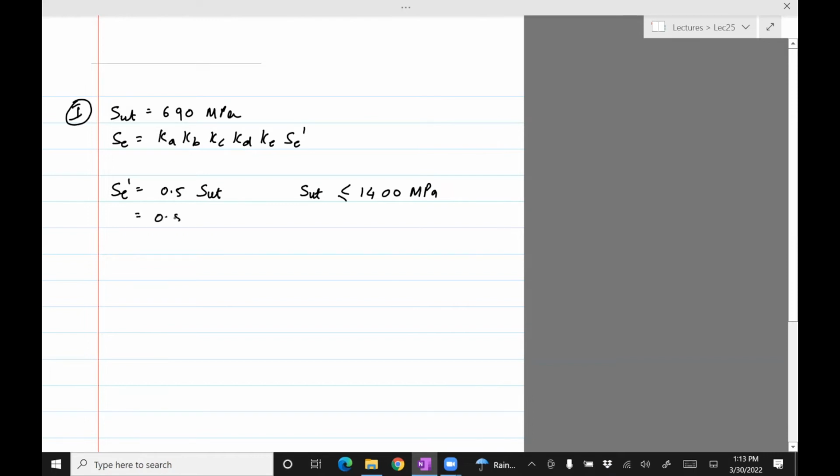So this is 0.5 times 690, which comes out to be 345 MPa.